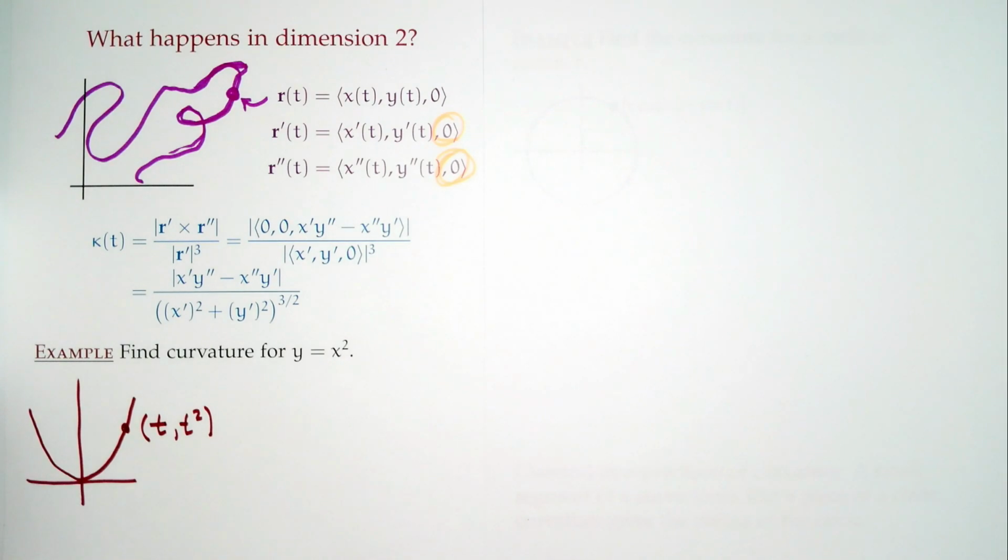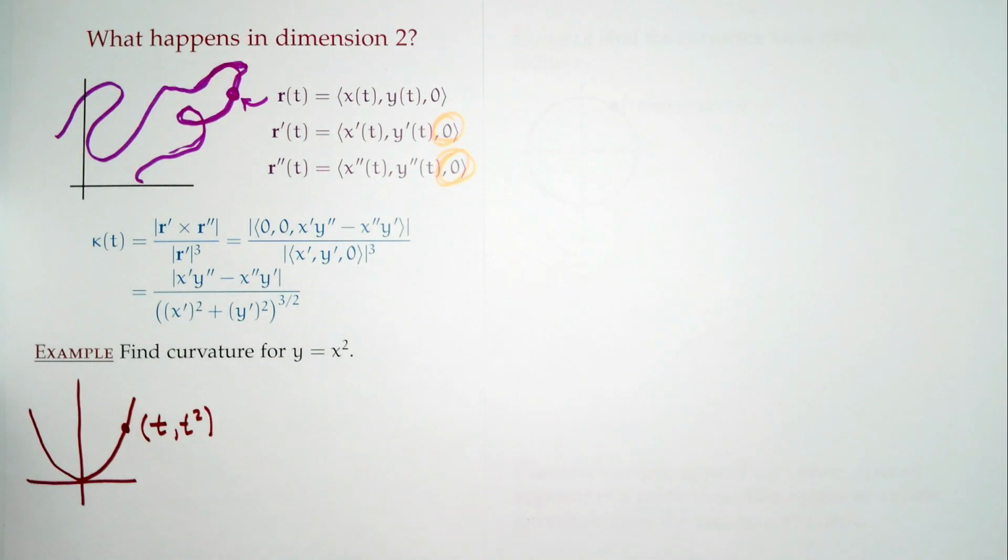That's a freebie. Now, do I have to use this parameterization? The answer is no, because curvature doesn't depend on your parameterization. It's about the curve. It doesn't matter how you move on the curve. So why pick this one? Because it's easy. You should always pick the easy one.